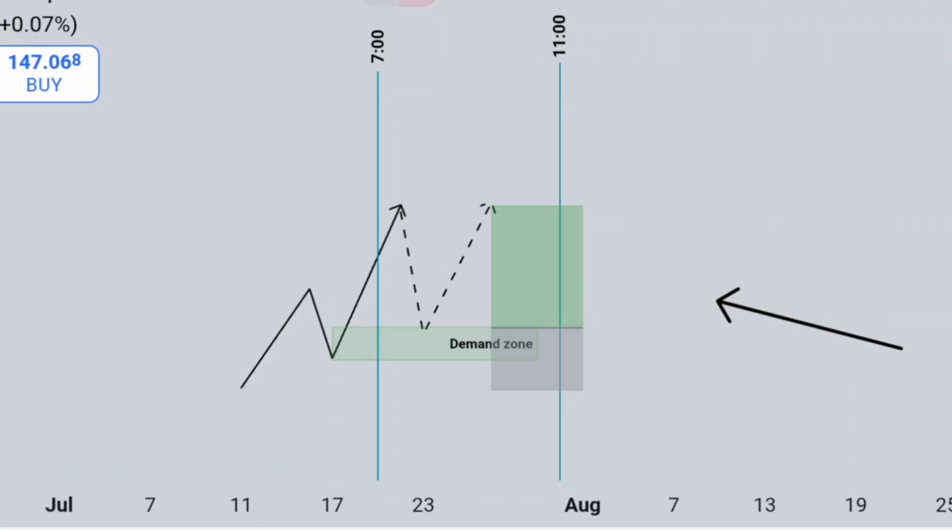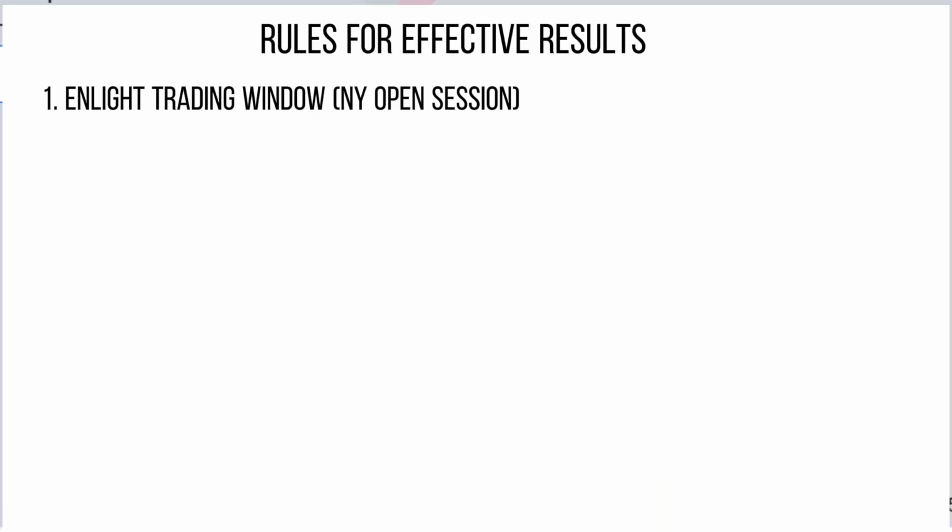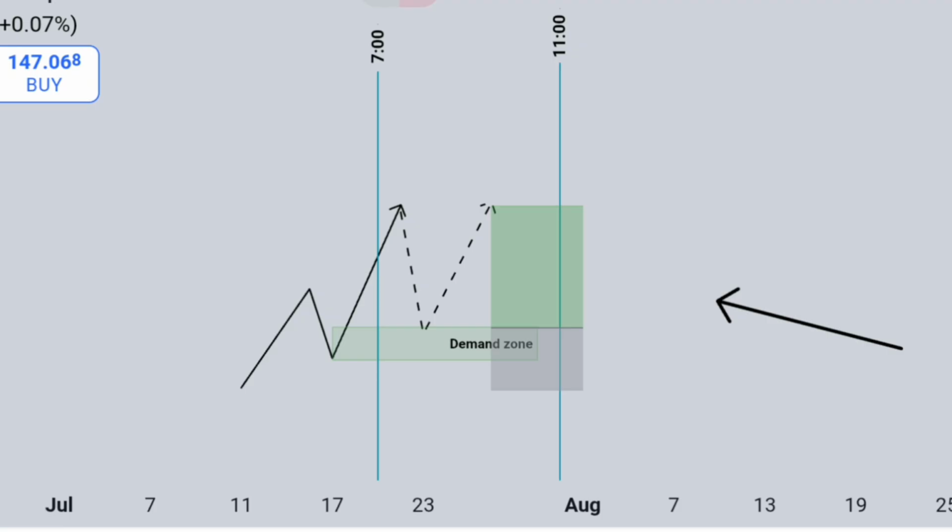But for that New York session, we also have to delineate the opening range, only the opening range of that session, right? Secondly, you need to know how to break the market structure, and it won't be that difficult.